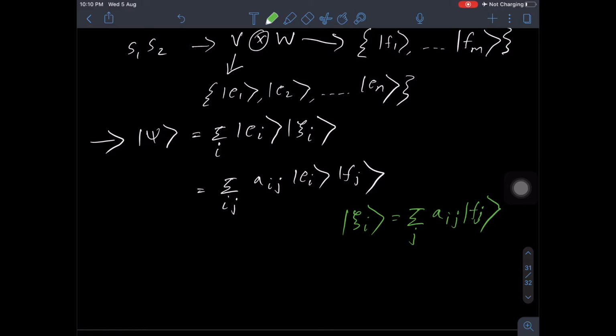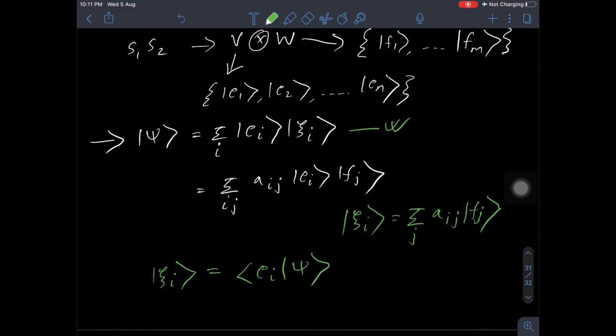And I can also clearly see, from this equation, that our xi I is equal to the inner product of EI with psi, right?